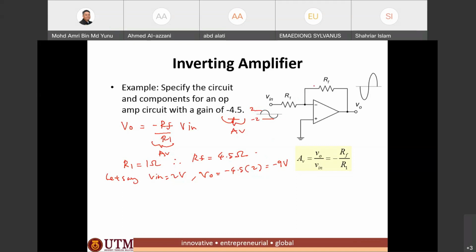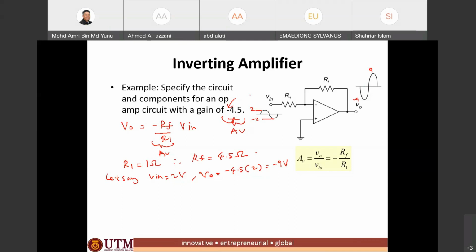If we apply the inverting amplifier, the output amplitude will be negative 9 to 9 volt. But you see the signal is 180 degrees out of phase. That's why there's a negative sign here, for the AC signal.